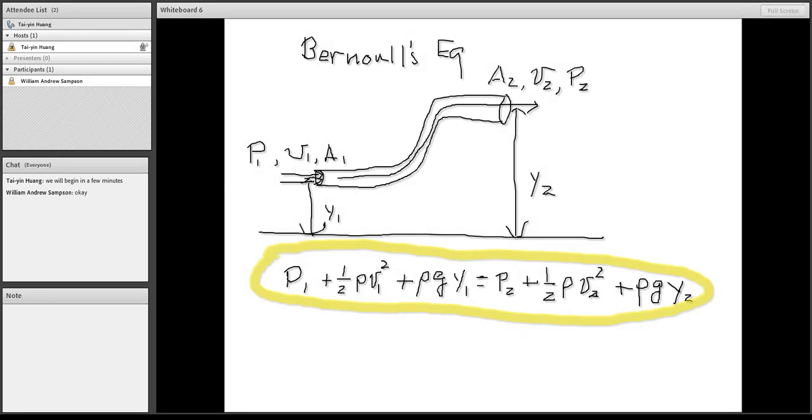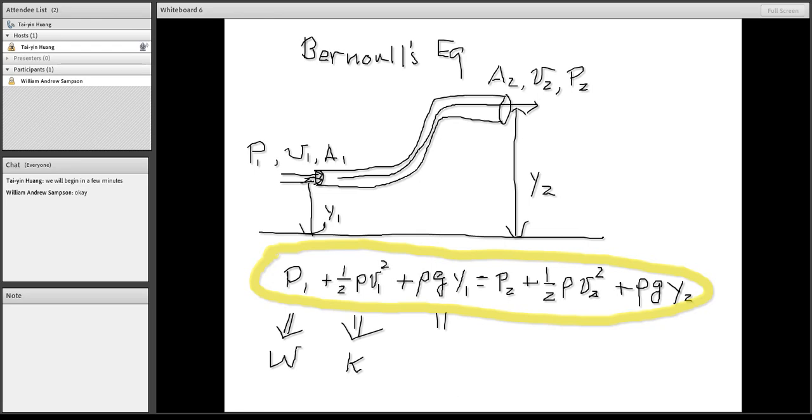You have 1/2 density times volume times velocity squared. Density times volume gives you mass, so we have 1/2 mv squared, which is equivalent to kinetic energy.